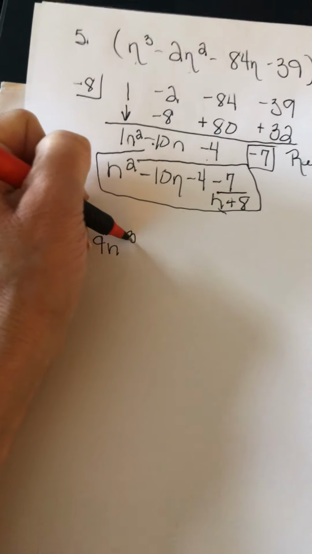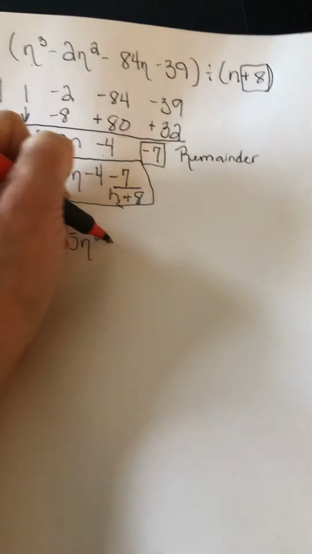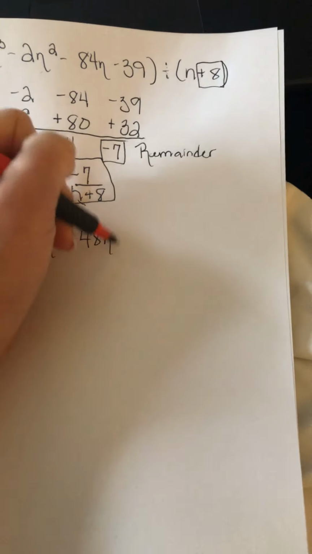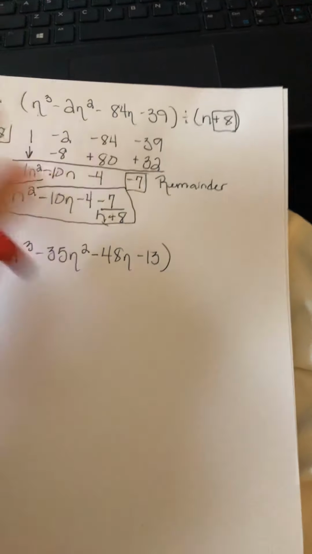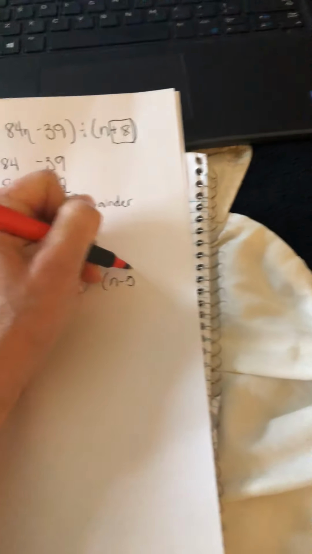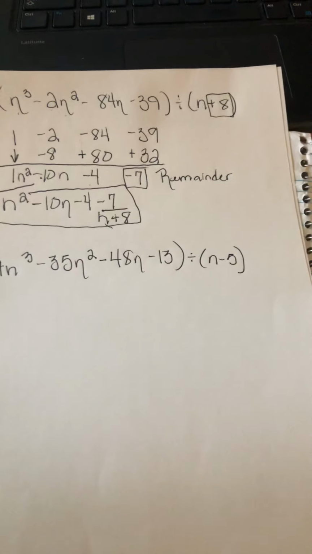We're going to go 9n cubed minus 35n squared minus 48n minus 13, divided by n minus 5. Okay, so we have 9n cubed minus 35n squared minus 48n minus 13 divided by n minus 5.